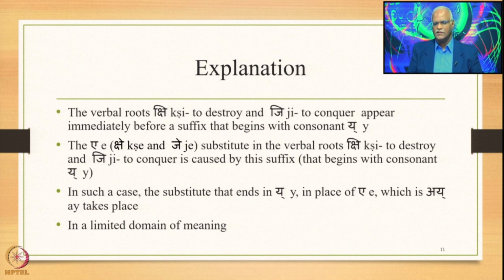In such a case now, the substitute that ends in ya in place of a, which in this case is aya, takes place in a limited domain of meaning. Kshaya jayau shakyarthe, in the sense of shakya. So once again we state that kshaya jayau shakyarthe applies in a very limited domain of meaning as well as the words.